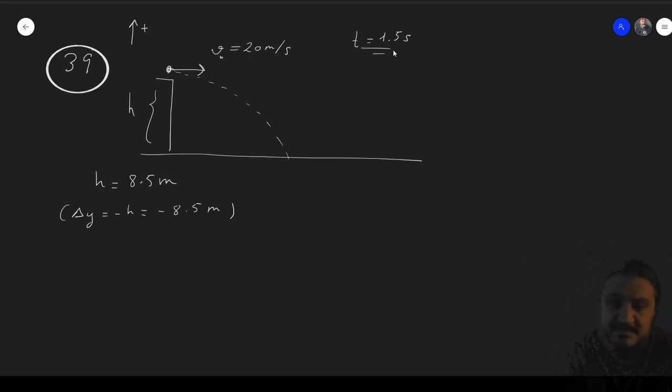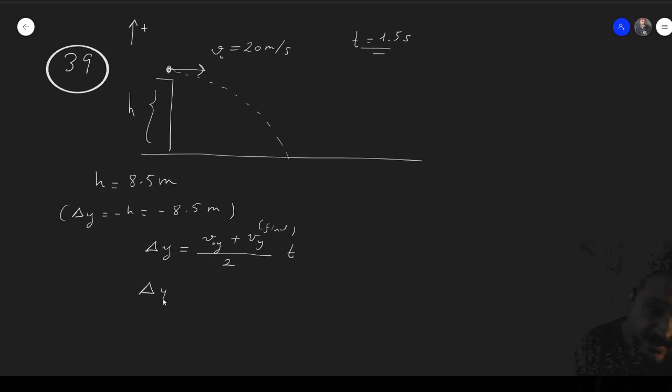Now let's write down the equations for the y direction. Delta y equals (v naught y plus v y final) over 2 times t, where final means final.